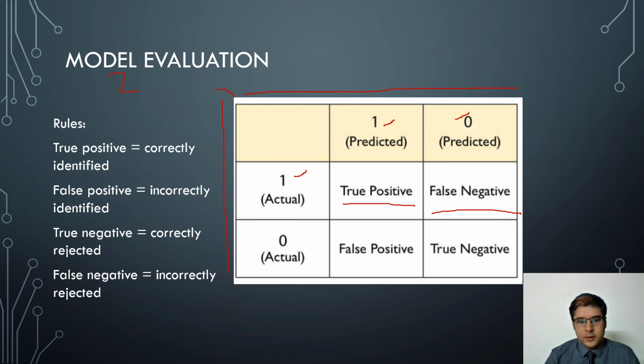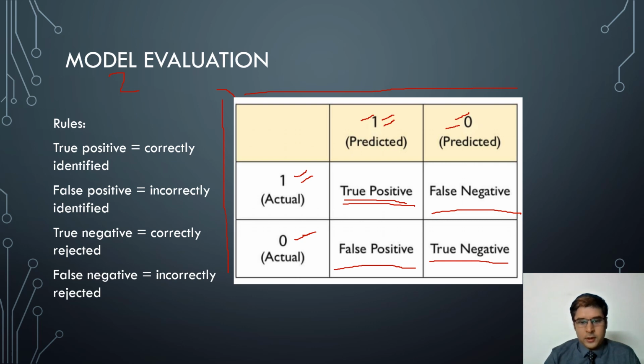If it is 0 and the model predicted it as 1, it will be false positive. And if it is 0 and the model predicted it as 0, it will be true negative.